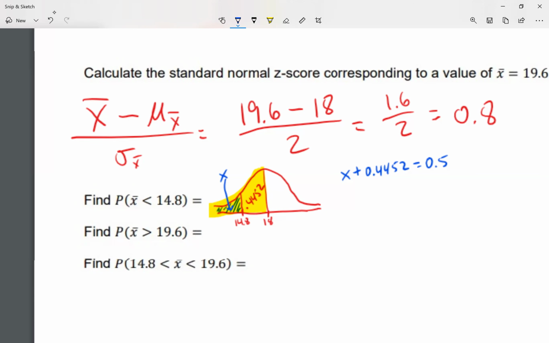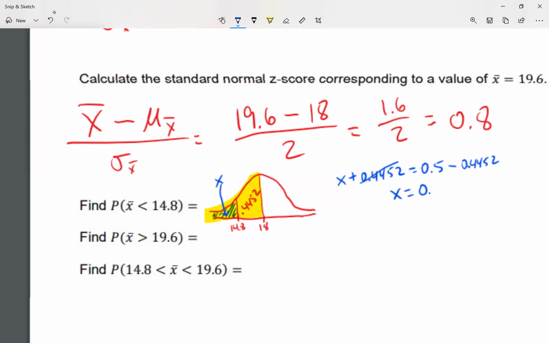So solve for x. Remember, I have to subtract. So x, the area that I'm looking for, equals 0.5 minus 0.4452, and it gives me 0.0548.